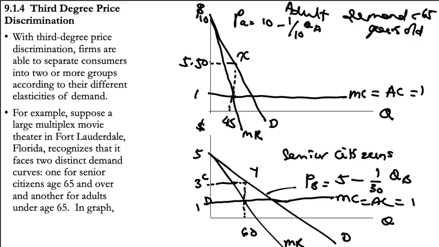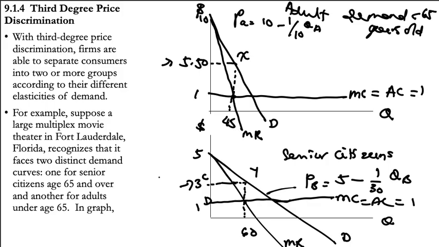As you can see, when you have a flatter demand curve, the price charged is lower than the price with a steeper demand curve, isn't it? So that's the implication that you can see. The next thing is, remember, we want to look at the concept of third degree price discrimination.